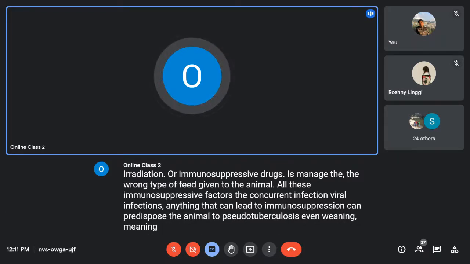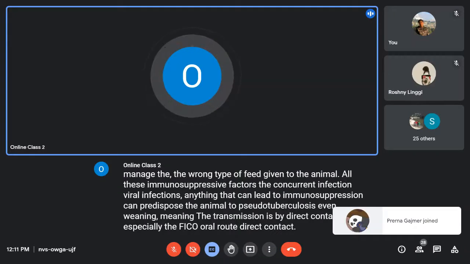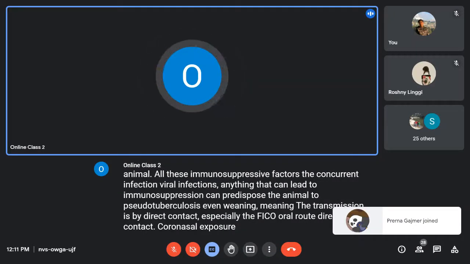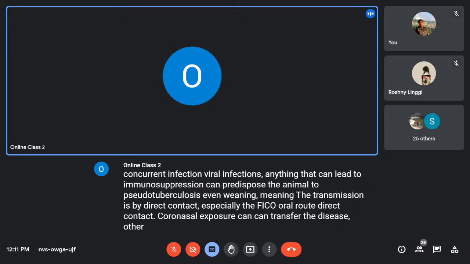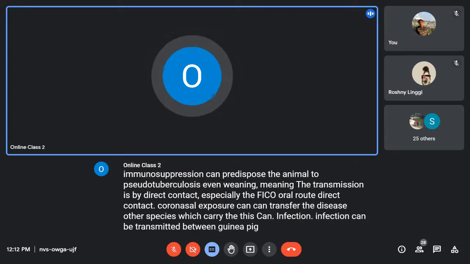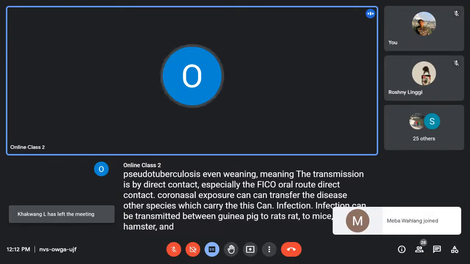The transmission is by direct contact, especially the fecal-oral route. Direct contact by fecal-oral route, oronasal exposure can transmit the disease. Infection can be transmitted between guinea pig to rats, rat to mice, mice to hamster, and hamster back again.